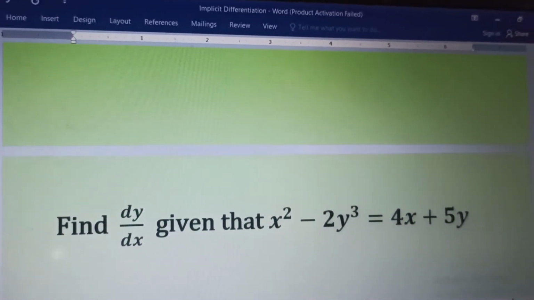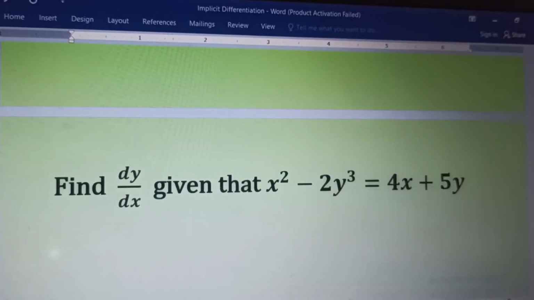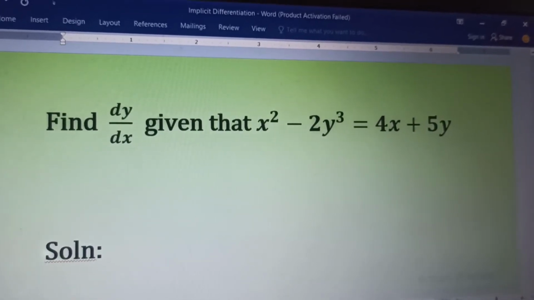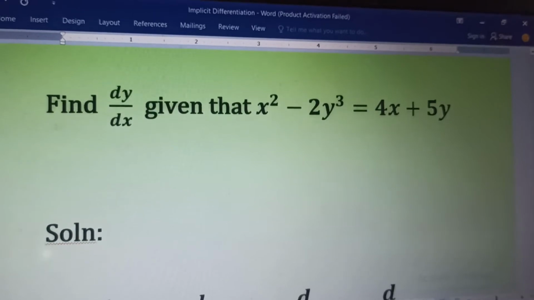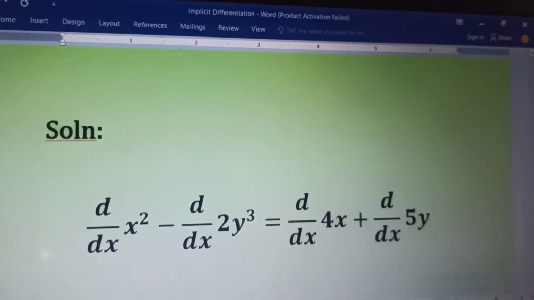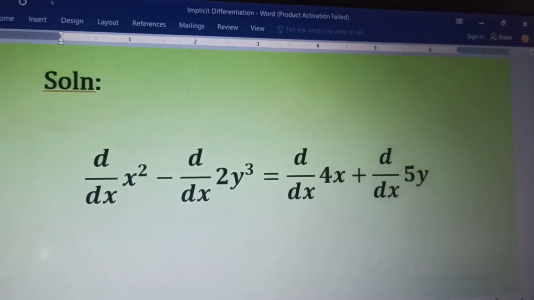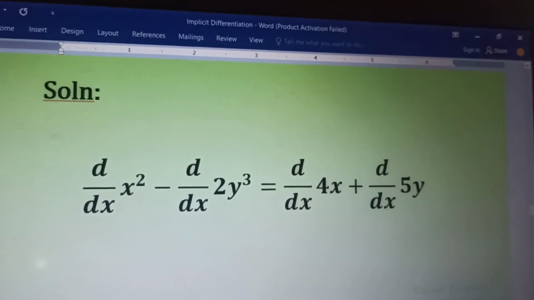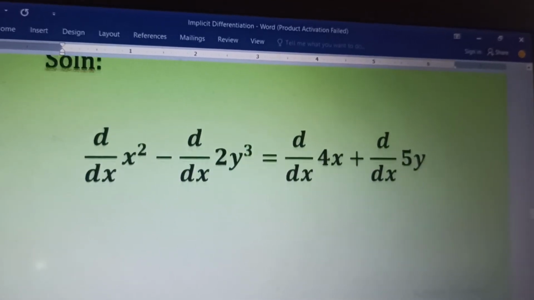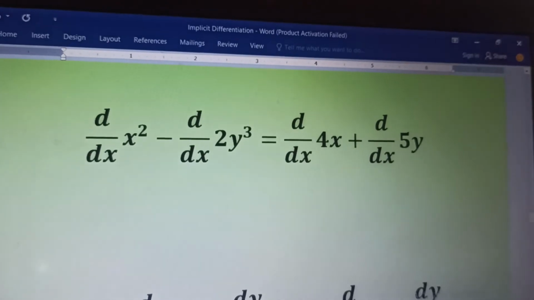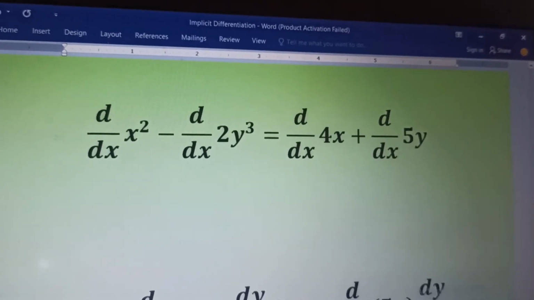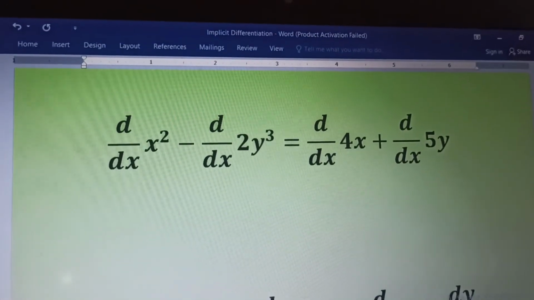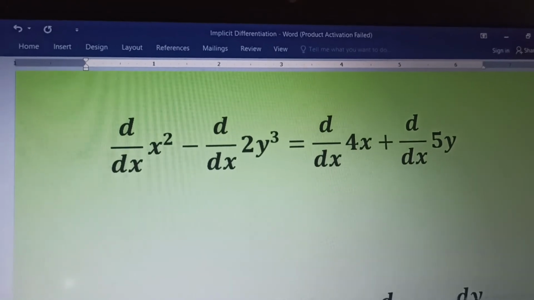Example 2 is to find dy dx given that x squared minus 2y cubed is equal to 4x plus 5y. So the solution is to differentiate each of the terms in the function with respect to x. That is, d dx of x squared minus d dx of 2y cubed is equal to d dx of 4x plus d dx of 5y.